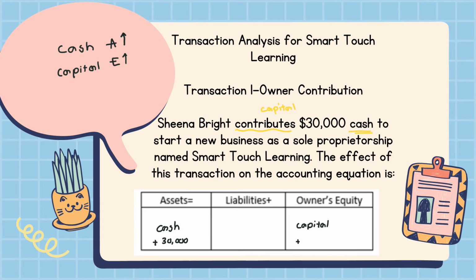So it's also plus 30,000. As you can see, the equation is still in balance. I increased assets, which is before the equal sign, and I increased the equity, which is after the equal sign. So the equation is still in balance.